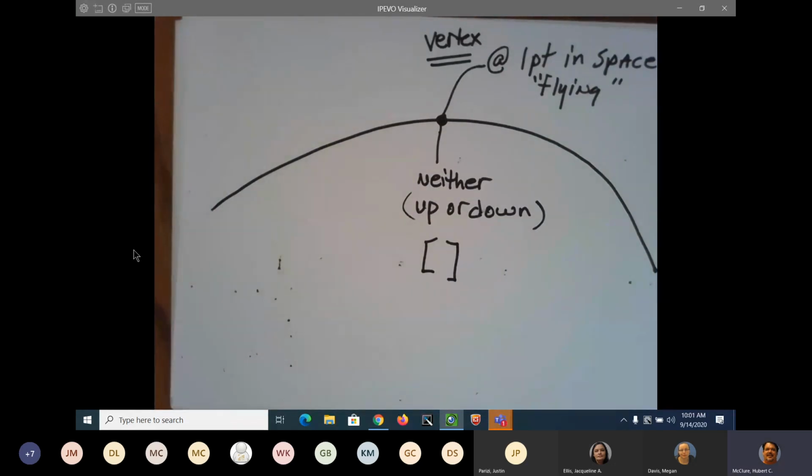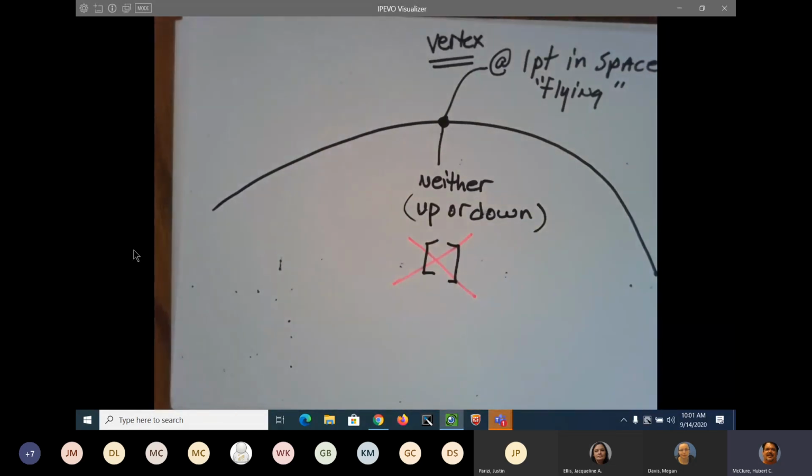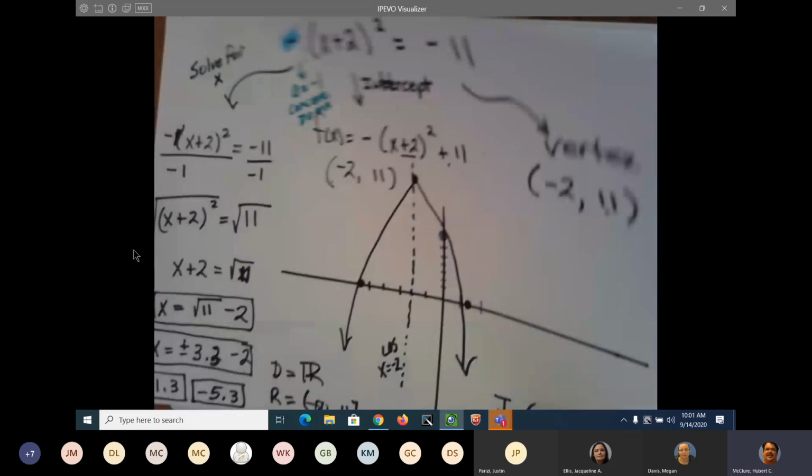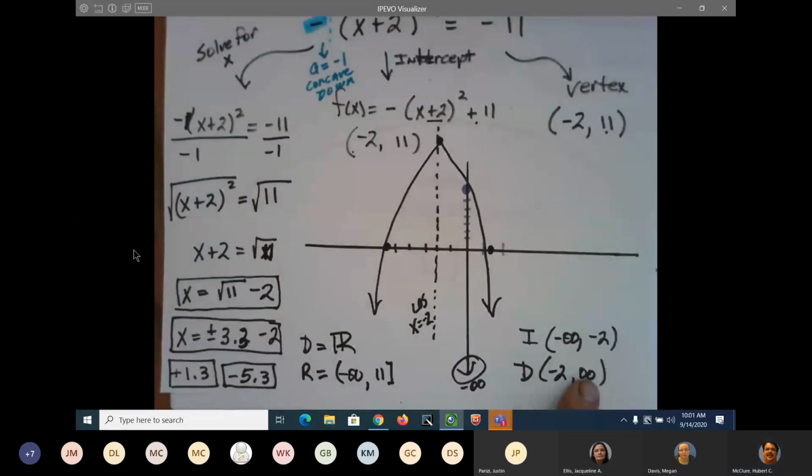So that's why when you're doing increasing and decreasing, you can't use brackets on something that is neither going up or down. Does that help you out? Got it. Good. So when you're doing increasing and decreasing, you will always get parentheses on a parabola.